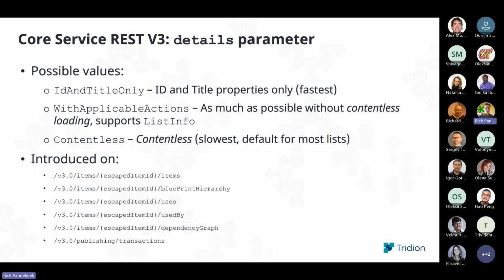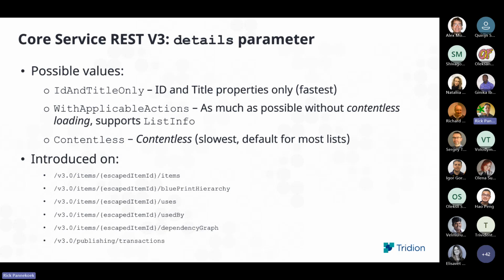So no changes there. Only if you explicitly specify it, you say, I know for my use case I don't need all that data and just want it to perform better, then you explicitly specify one of the other 2 values.